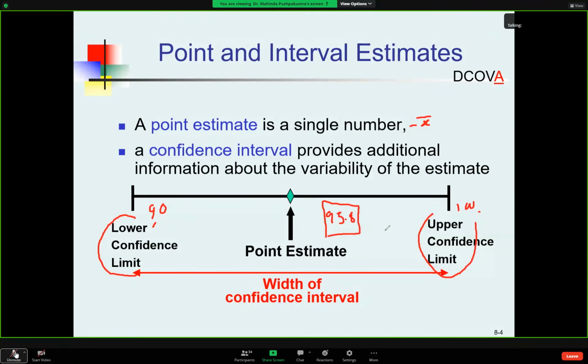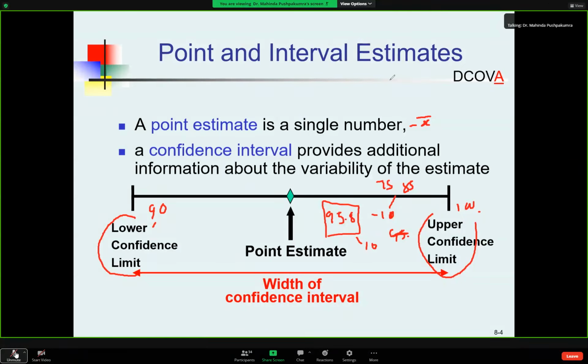If I select another sample, let's say another 10 students, do you think their sample mean would also equal 95? No, it may be something different. Sometimes it may be 85, it may be 75. I don't know.